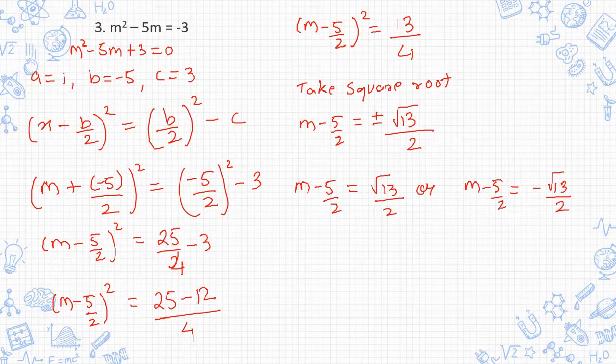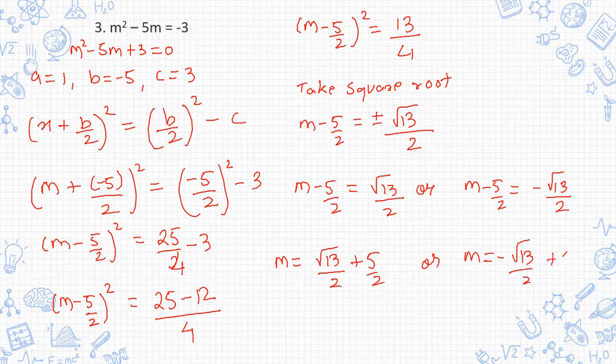Now in both the cases, take minus 5 upon 2 to the other side. So you will have m is equal to root 13 upon 2 plus 5 upon 2, or m is equal to minus root 13 upon 2 plus 5 upon 2.